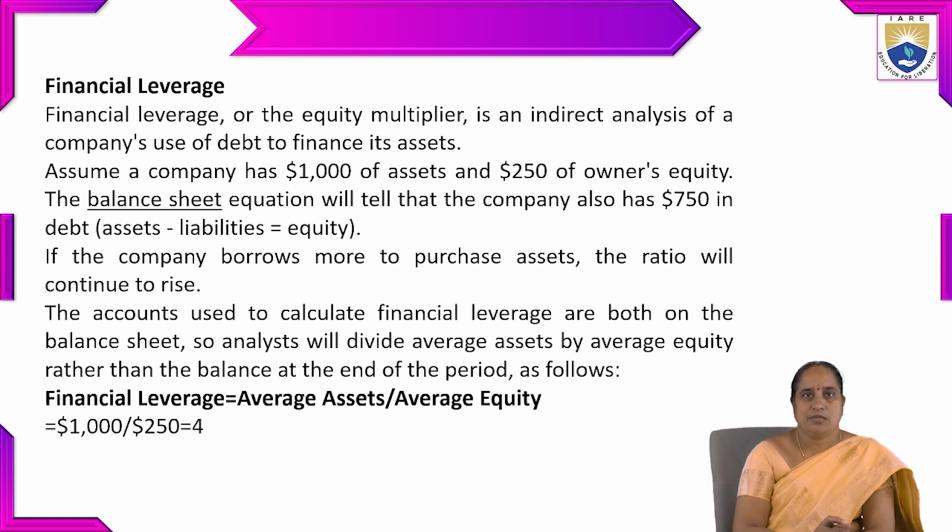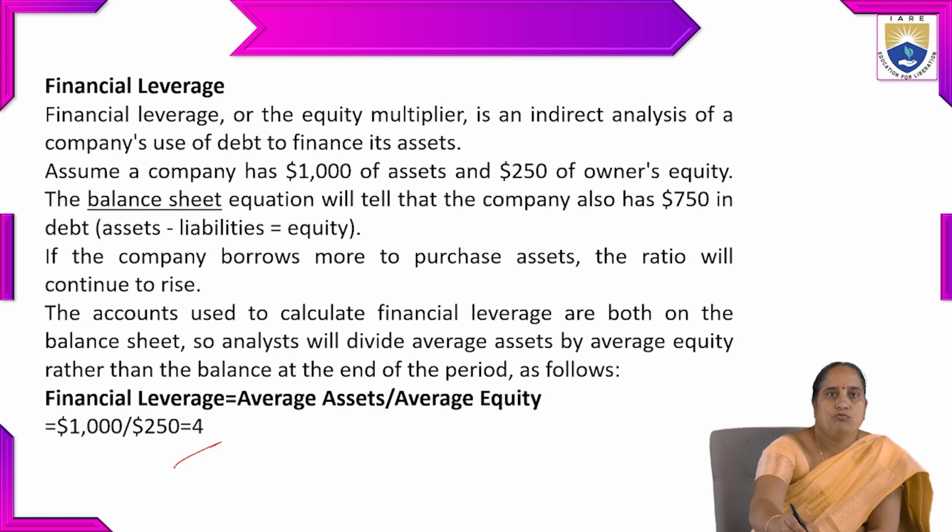Financial leverage is equal to average assets divided by average equity. So average assets, that is $1,000, divided by average equity of $250. Therefore financial leverage is equal to 4.